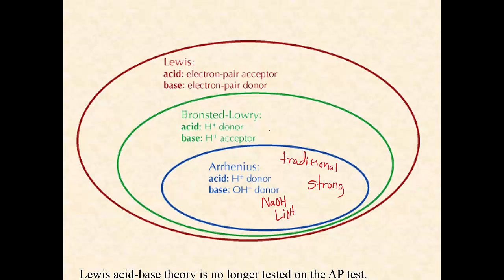And so Bronsted-Lowry includes everything that Arrhenius did, but they broaden the definition. It's a hydrogen. Okay, another word for hydrogen is proton. So it's a proton donor or a proton acceptor.